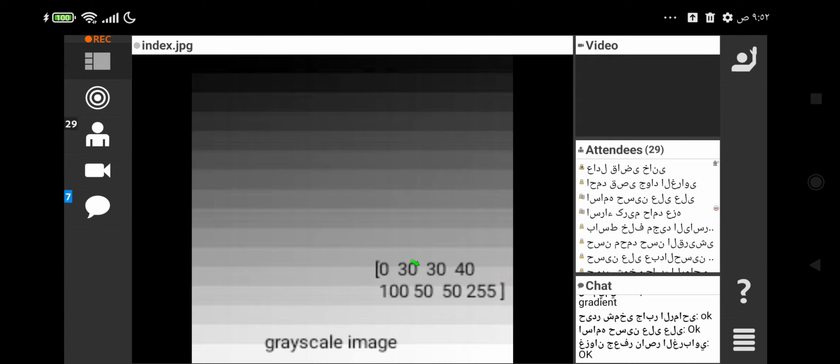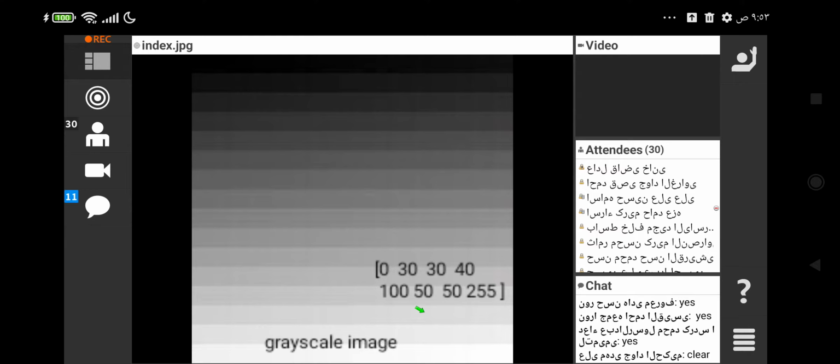Do you see these numbers I have written here? These are, for example, some pixel values. For example, we have an image, and the resolution of this image is 2 multiplied by 4.